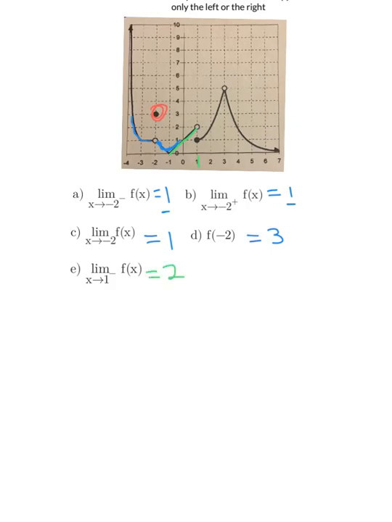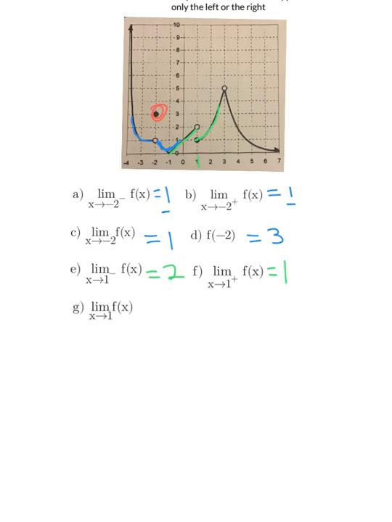So the limit from the left is 2. On example F, we are approaching the x value of 1 from the right side. So if you trace this graph on the right side of 1, what y value are you coming into? That y value is 1.